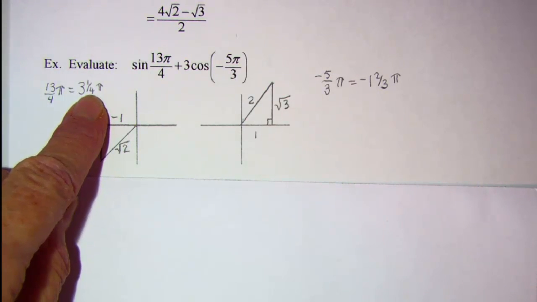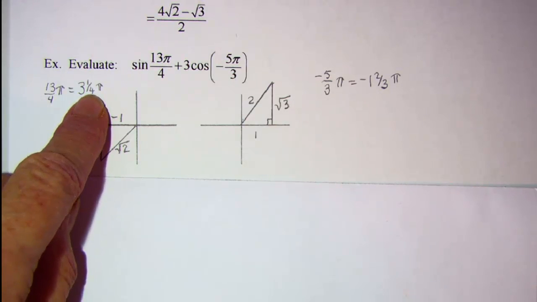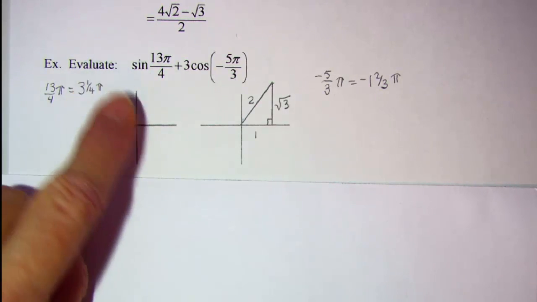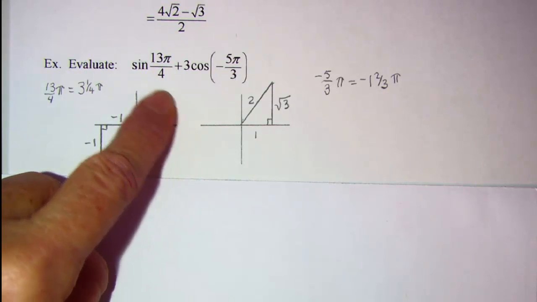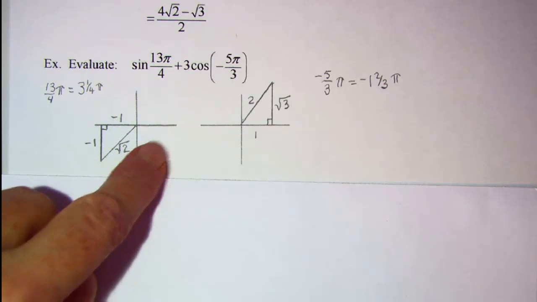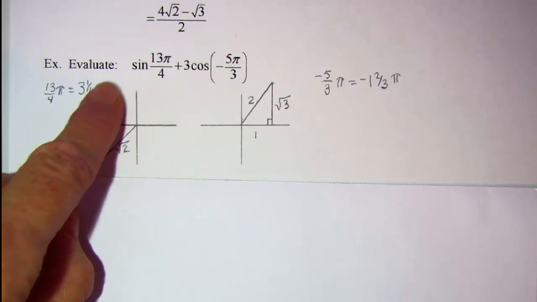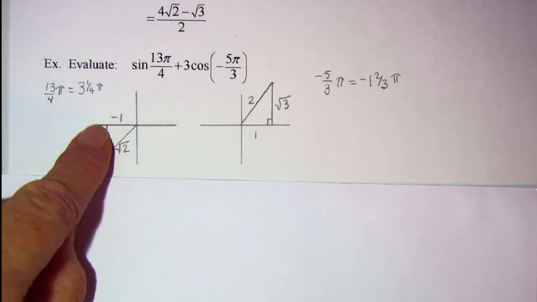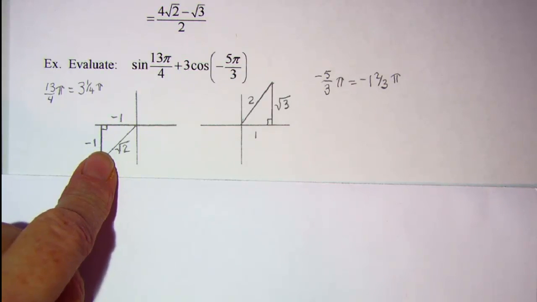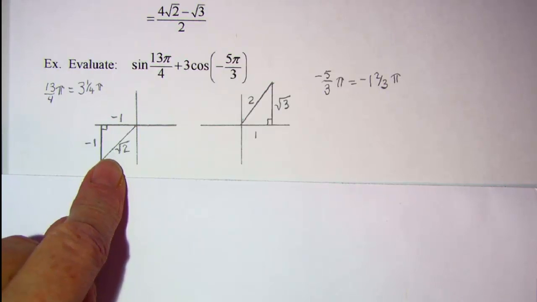Now I know pi is a semicircle, so if I count 3 1/4 semicircles, there's 1 across the top, and then 2, and then 3, and then 1/4 of a pi would put me down in quadrant 3 with a reference angle of 45 degrees.